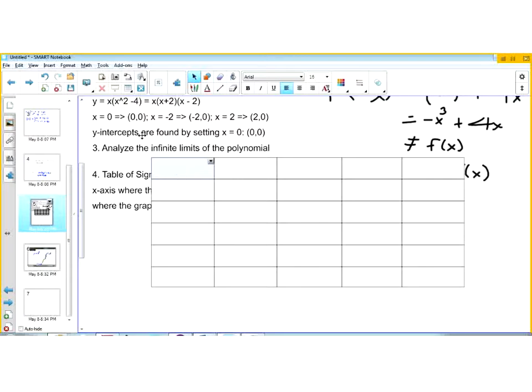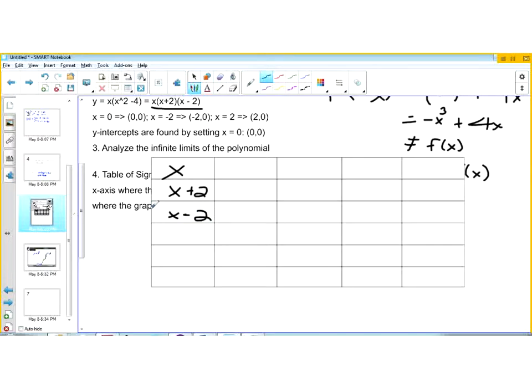Okay, in the table of signs, here's how you proceed. We factored the polynomial, right? As you notice here, we have 3 factors in this polynomial. So in the first column of the table that you're going to build, you'll take each of the prime factors and put them in the first column.